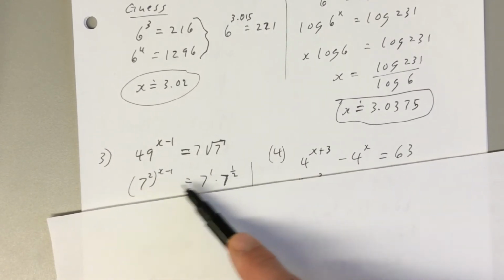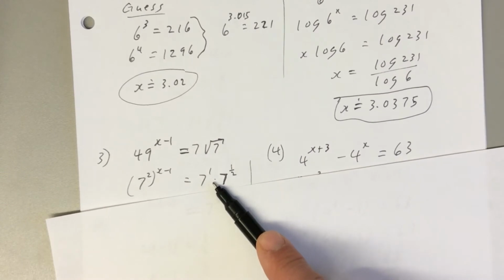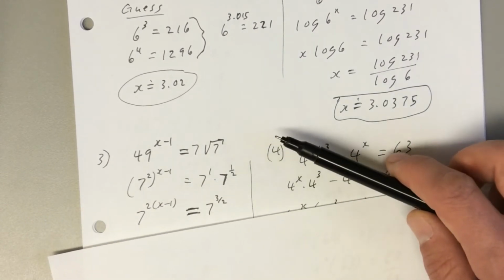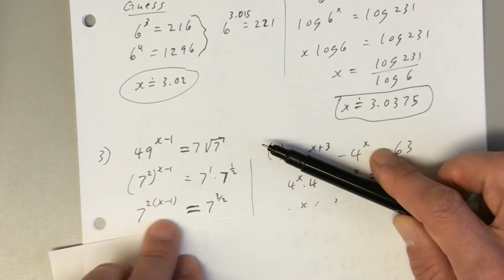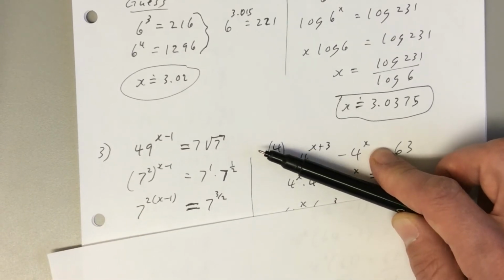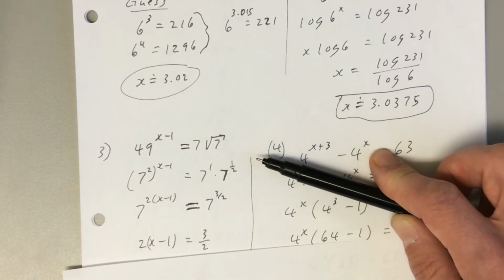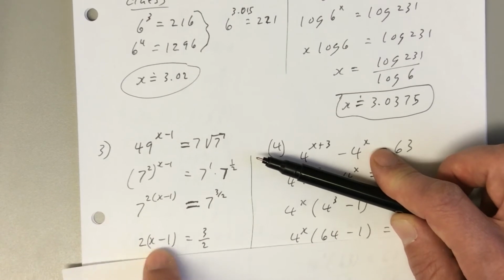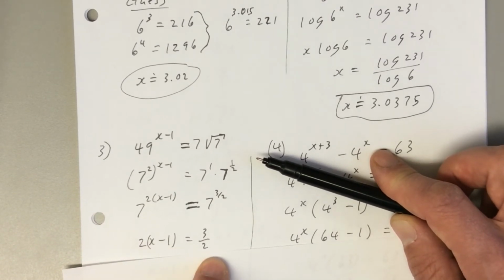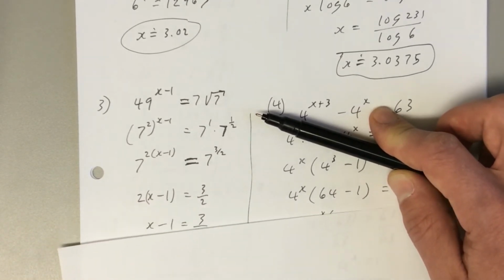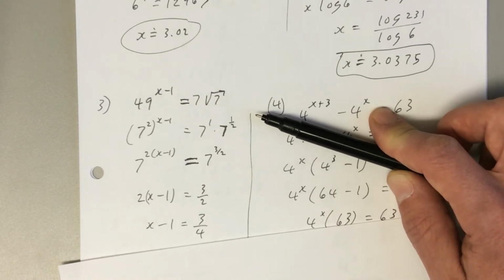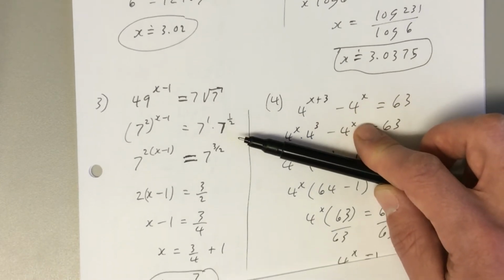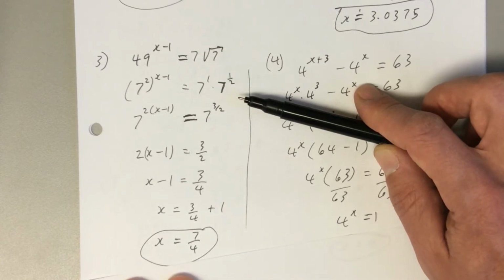Now we have the same base on both sides, a 7. So we multiply that in, and because we have the same base, we can just match up the exponents. 2 times x minus 1 equals 3/2. Now you're just solving for x, and x equals 7 over 4.